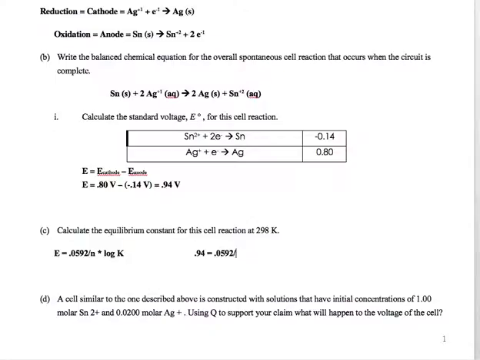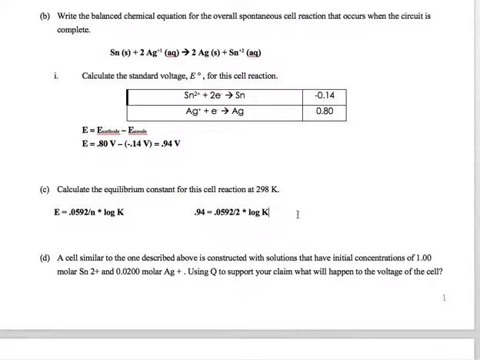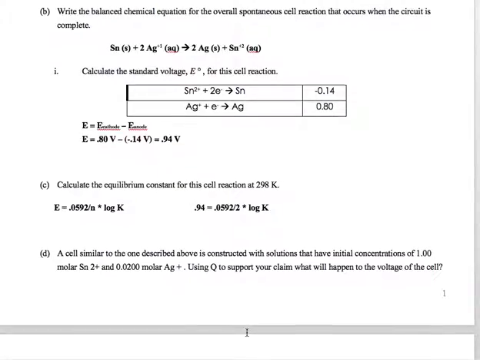The electrons being transferred were 2, and then we have the multiplication by log K. You just have to simplify it as much as you can and solve for K backwards. I apologize, I don't have it solved out, and my calculator is out of batteries. But this formula is given to you on the chart, you just have to use it.